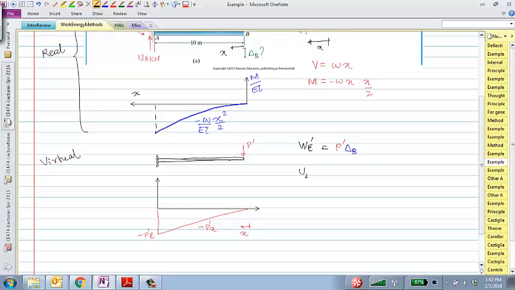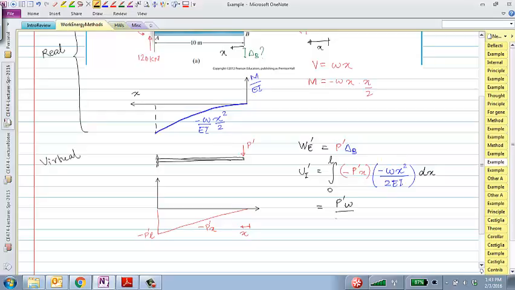And UI prime is simply equal to the virtual bending moment, which is minus P prime times X, times the real curvature, which is minus omega X squared over 2 EI, right? And we simply integrate that from 0 to L dX.